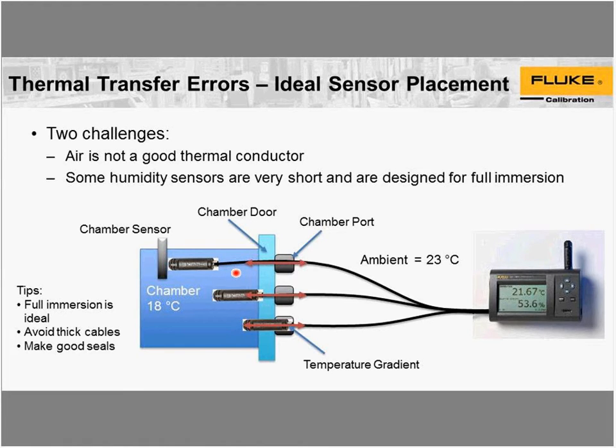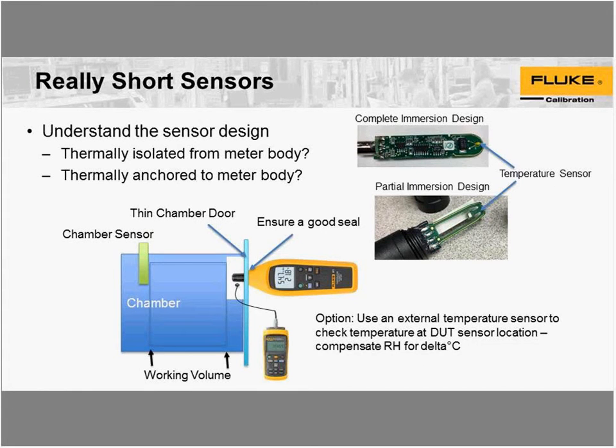A little bit more about it. To make effective measurements, you really need to understand how the sensor is built. We have different sensors. This is a Fluke Dukester. This is a full immersion sensor, designed to just sit in a room in full immersion.